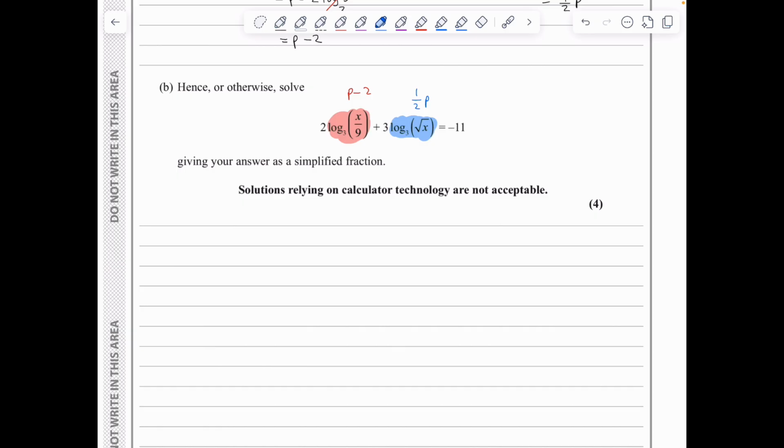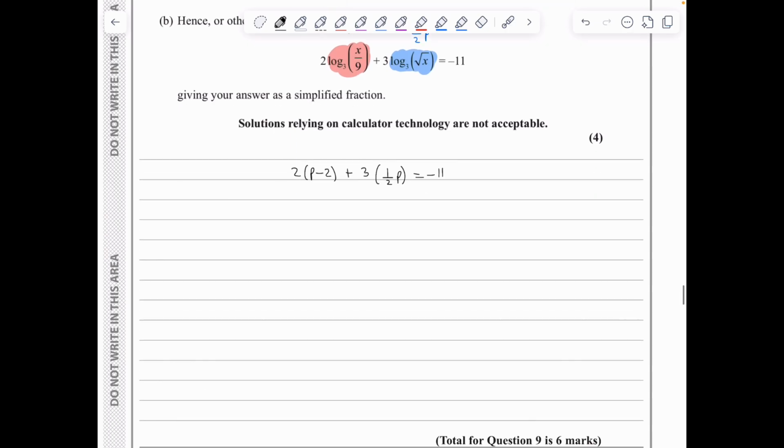So we're looking at 2 times p minus 2 plus 3 times a half p is equal to negative 11. I will expand to get 2p minus 4 plus 3p over 2 is equal to negative 11. I will multiply throughout by 2 to get 4p minus 8 plus 3p is negative 22, which leads to 7p is negative 14, and therefore p is negative 2.